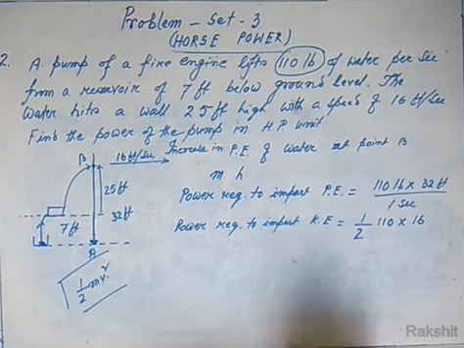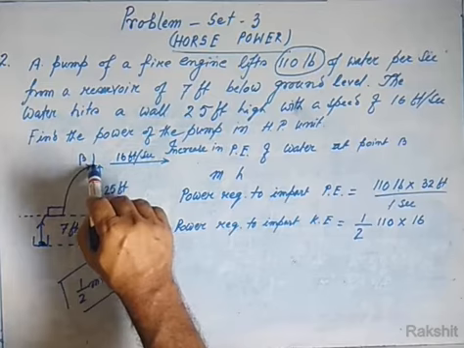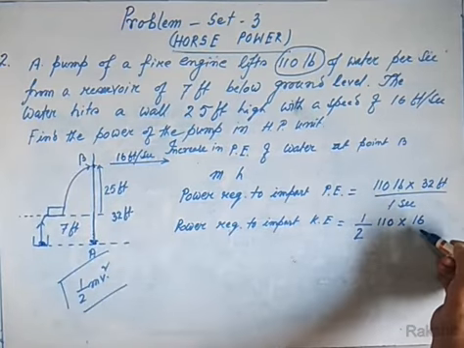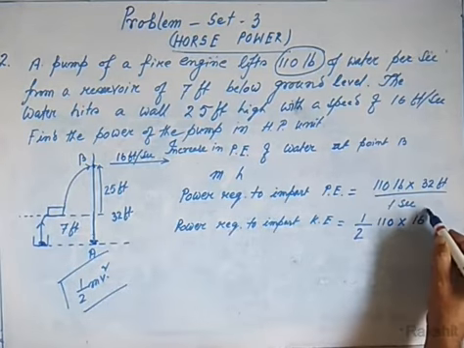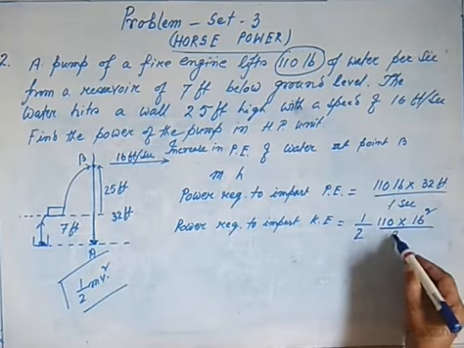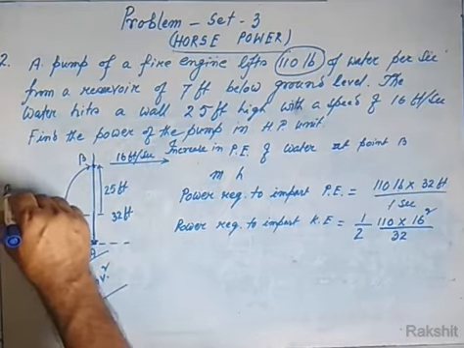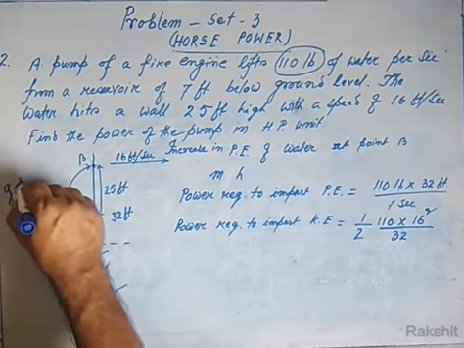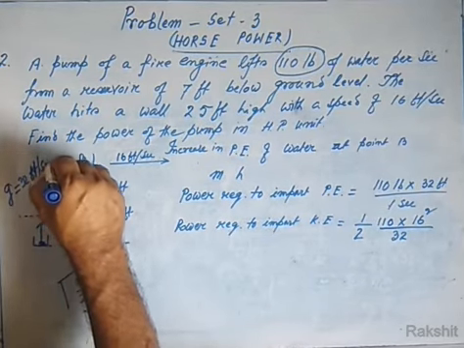Actually, the water hitting at this point is equal to only 110 pound. But half mv square must be divided by 32. Actually, the value of g in FPS unit is equal to 32 foot per second square.